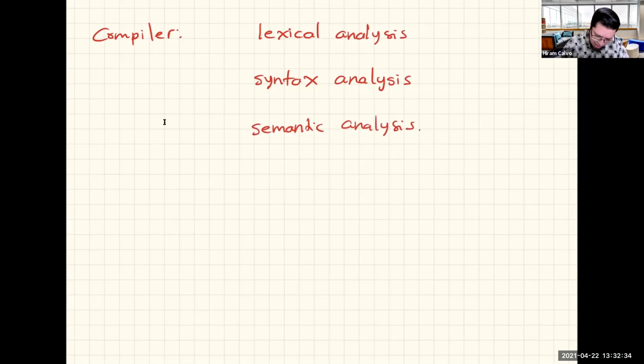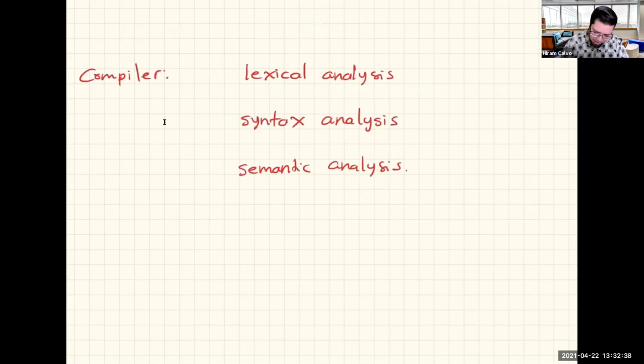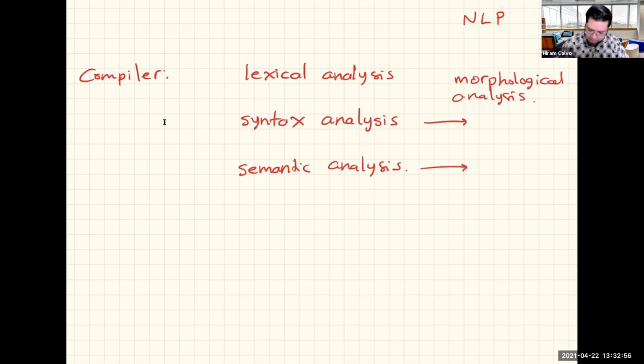So interestingly, these phases were imitated for natural language processing, where lexical analysis is performed within morphological analysis. Syntax analysis was the same, and semantic analysis was the same.